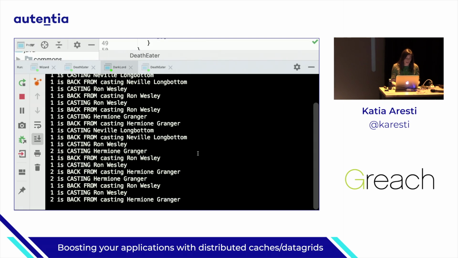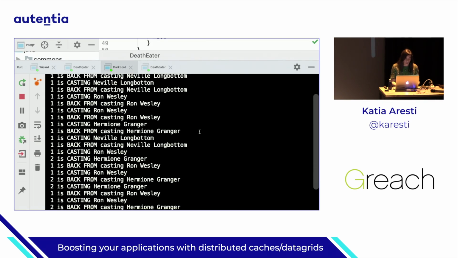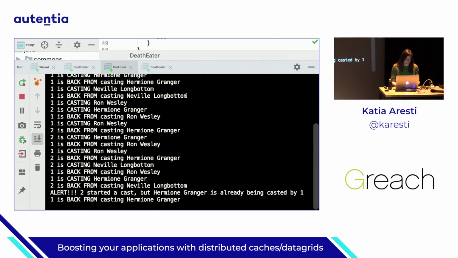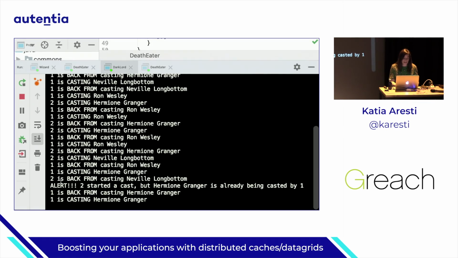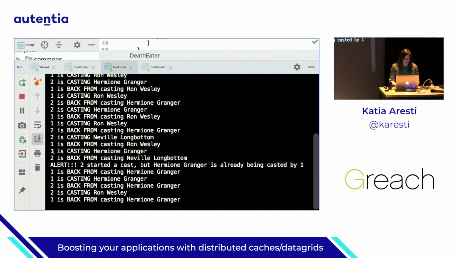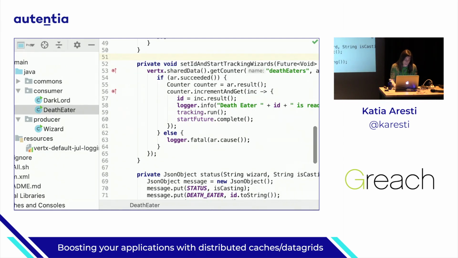But when I look at the Dark Lord here, I'm going to start to see alerts saying, hey, editor 2 started to cast Hermione, but she has already been cast at this very moment by editor number 1. And that's a problem, because if two editors point at the same person, maybe they will kill each other. So we don't want this to happen. So I'm going to kill everything.